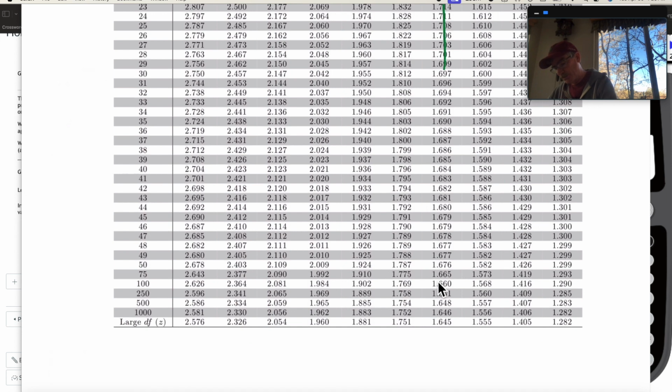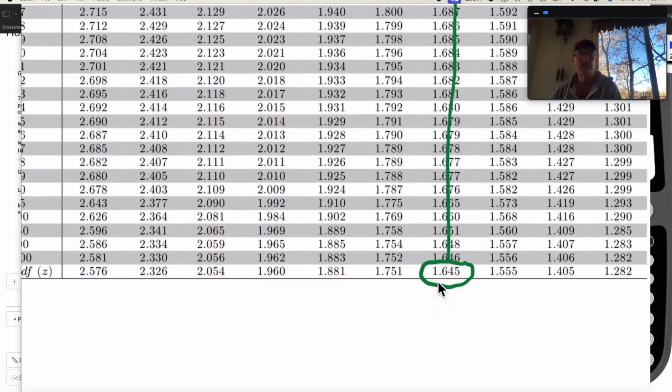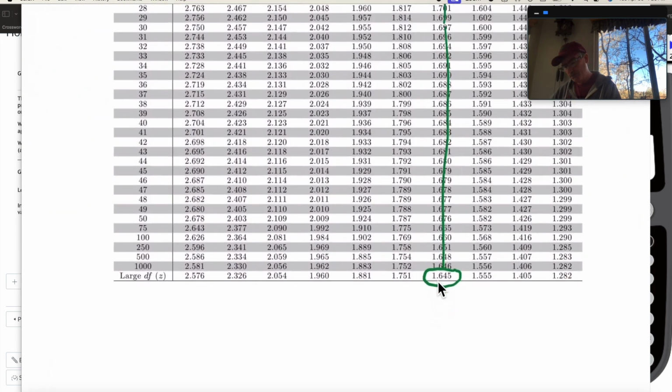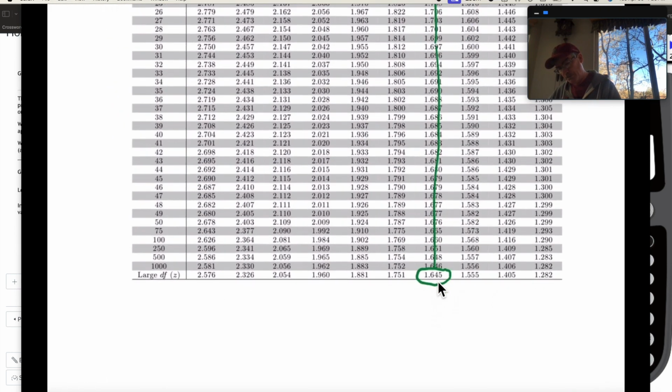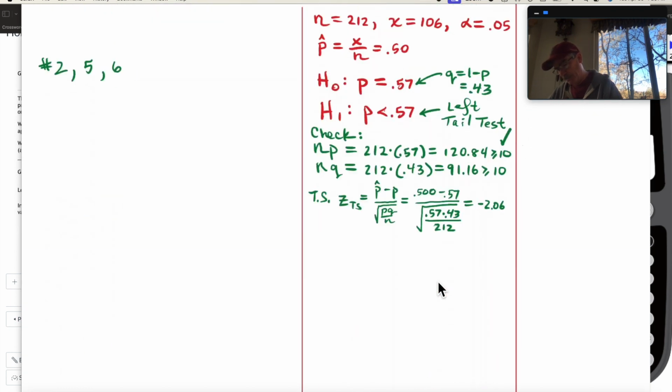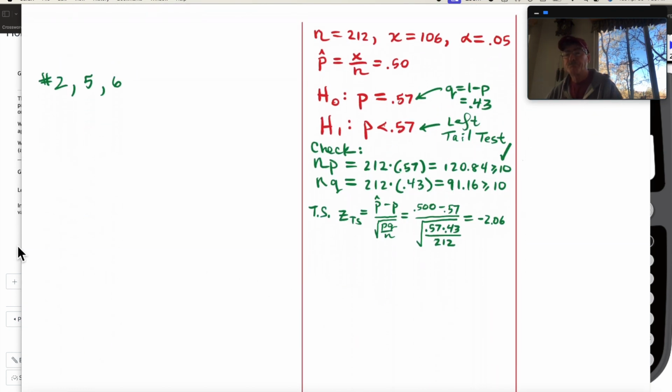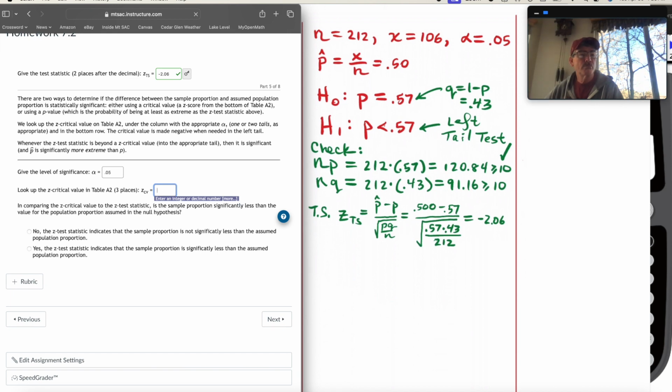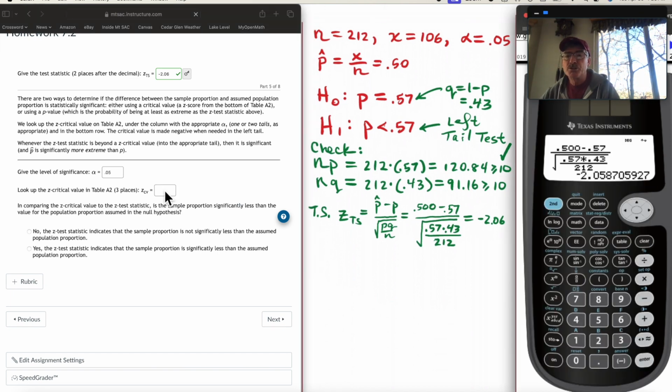So I'm just going to kind of slide all the way down here to 1.645. That's going to be our z critical value. So let me go ahead and put that down here. I'll just type it in, 1.645.